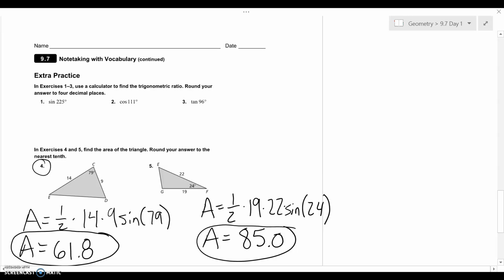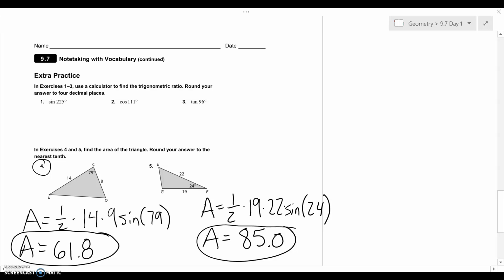We need this fact to do obtuse triangles in this section. And the reason it works is actually part of another course. So either Advanced Algebra Trig or Analysis, depending on which course you were to take. For right now, what you need to know is that your calculator can compute these things. So we've got sine of 225, cosine of 111, and tangent of 96.